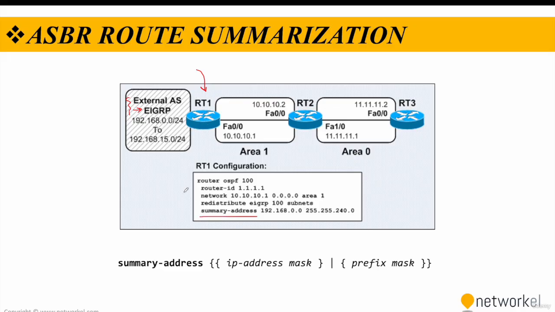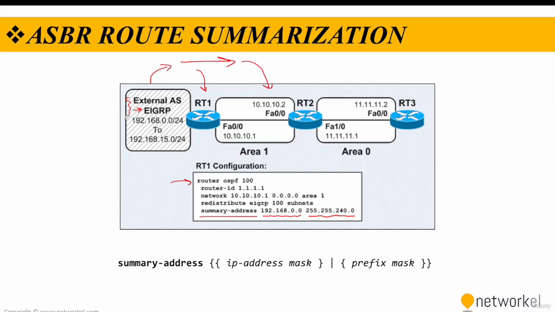Basically you are going to the OSPF mode by typing router OSPF 100, and then you are defining this summary address configuration. Summary address followed with the IP address and the subnet mask. I mean, this is basically what you are trying to summarize from EIGRP to this OSPF domain.